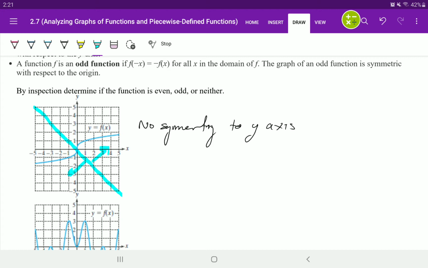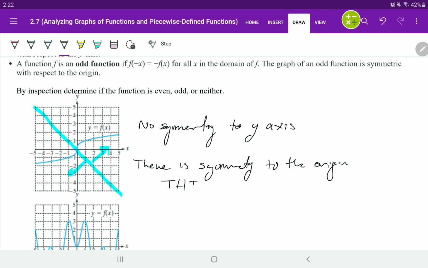So if you turn your paper or your screen 180 degrees, this function will look exactly the same. That's called turn symmetry. And because that is the case, there is symmetry with respect to the origin, which means this is an odd function.